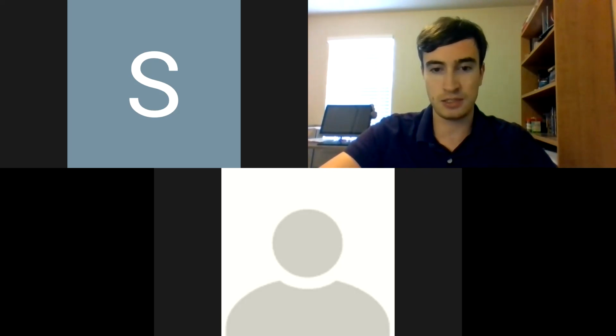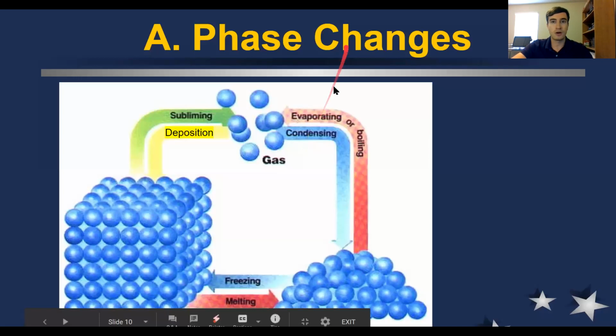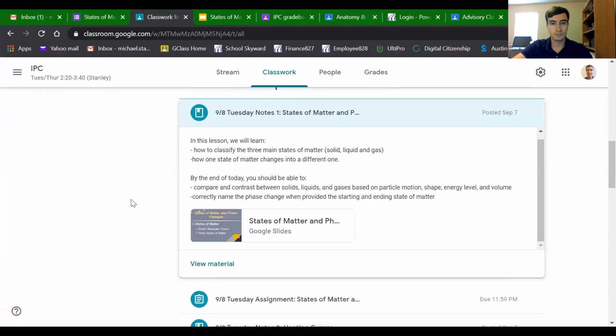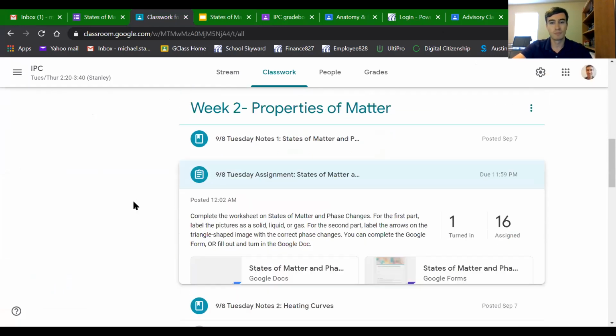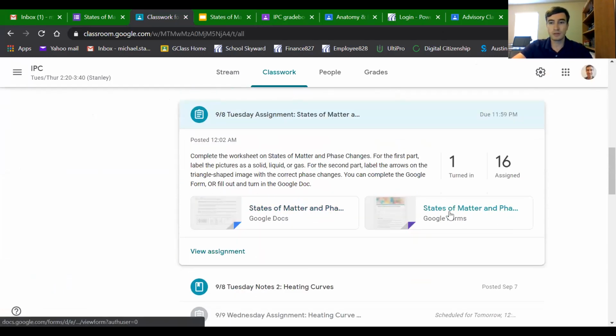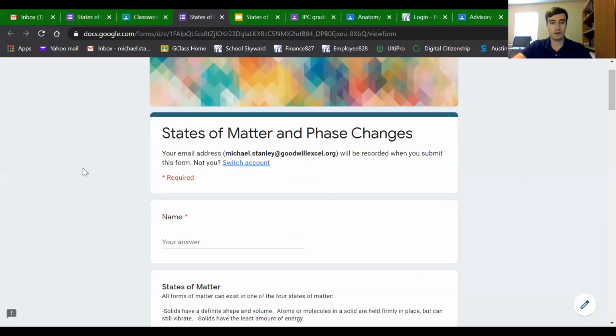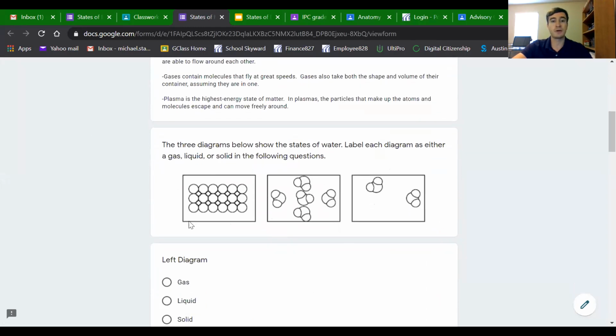So for today's assignment, oh wait, hold on, I'm looking at the wrong button. There we go. If we go back to our Google Classroom, there's a worksheet and a form that both are the same thing, where for the first part, you have to label these three pictures as being either a gas or liquid or a solid.